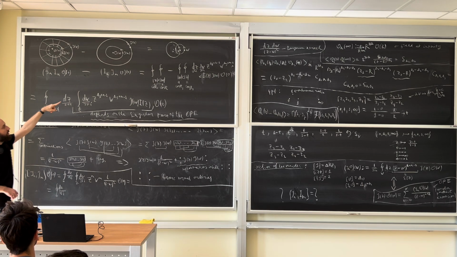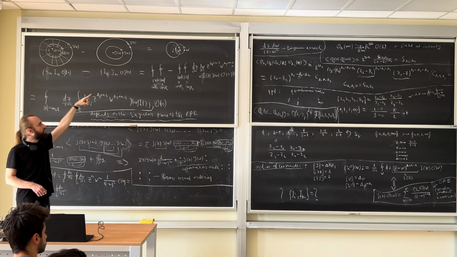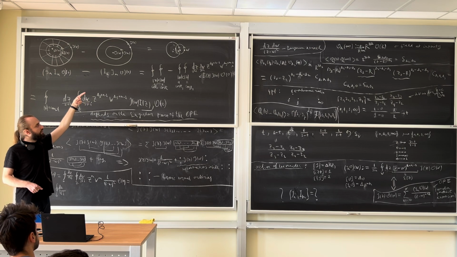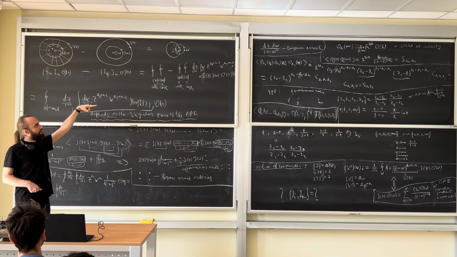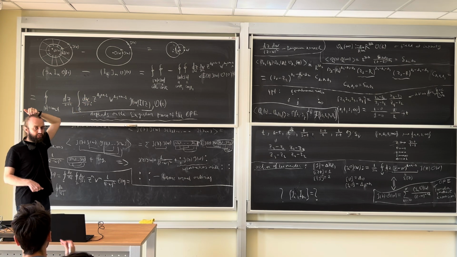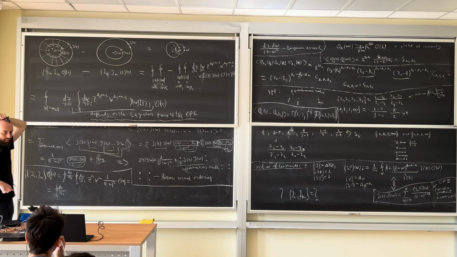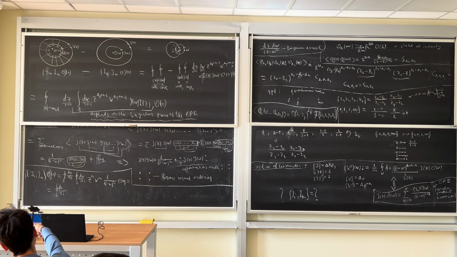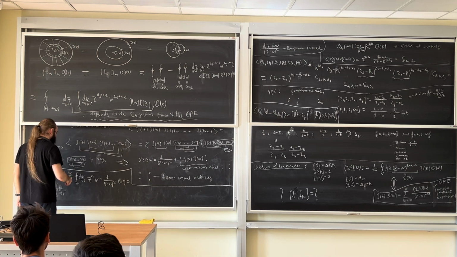So the picture is there on the top. We have a fixed value of z, 0 is always 0, and we integrate over a small contour around z. m plus n, yes, thanks.